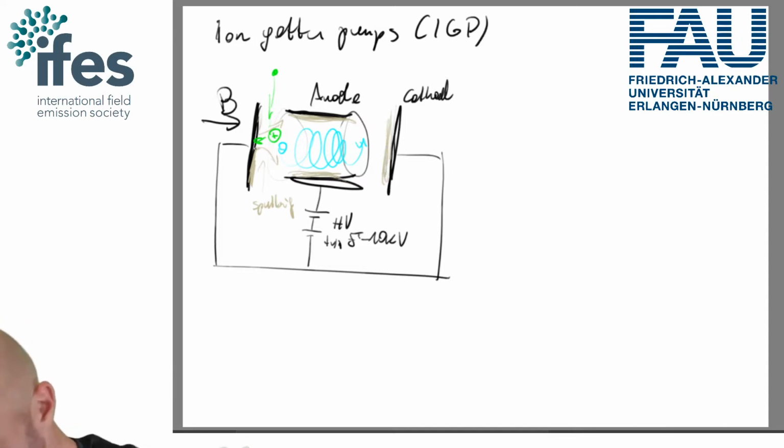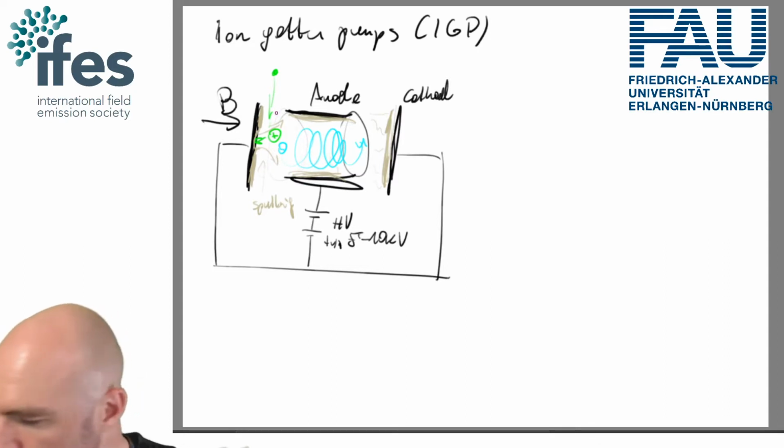Obviously, we'll have a little bit of a deeper groove here, and most of the titanium will be on the sides. But it will coat essentially everywhere. It will also create little nanowires that grow here, so I need to regenerate it sometimes so I don't get discharges in there. But essentially, this is how an ion getter pump works.